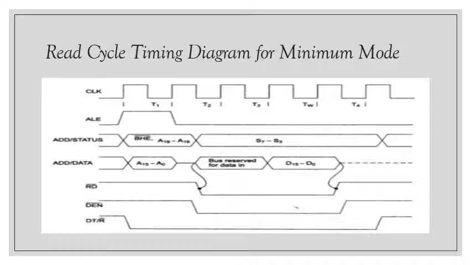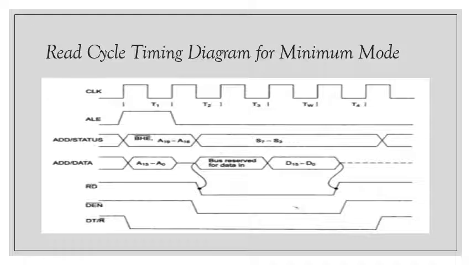The BHE and A0 signals select the address low, high or both bytes. From T1 to T4, the M/IO signal indicates a memory or I/O operation. At T2, the address is removed from the local bus and is sent to the output. The bus is then tri-stated. The read control signal is also activated in T2.